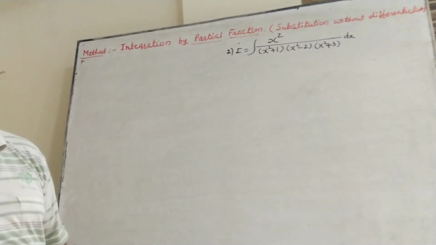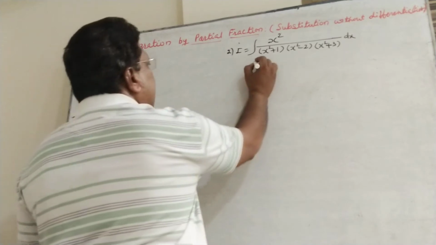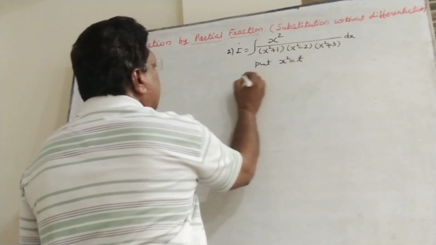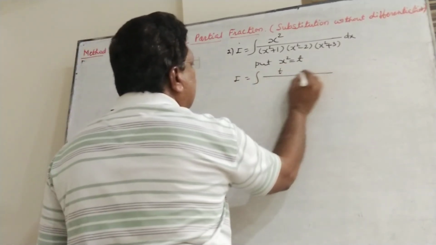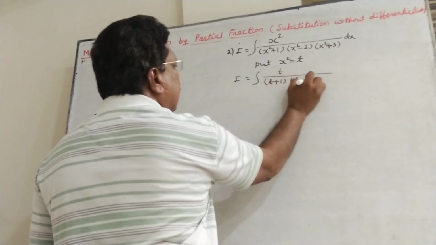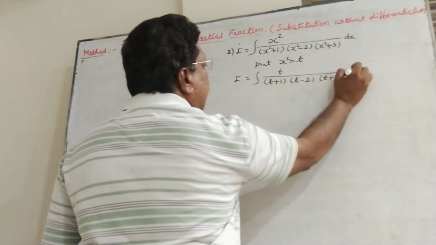Okay, now here take the substitution. Substitution is same, put x square is equal to t. So this integral becomes integration t upon t plus 1, t minus 2, t plus 3 into dx, not dt.